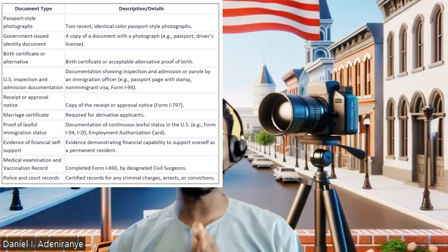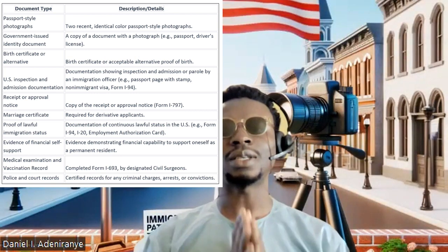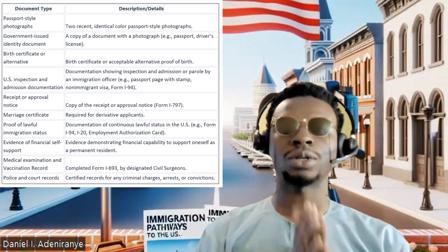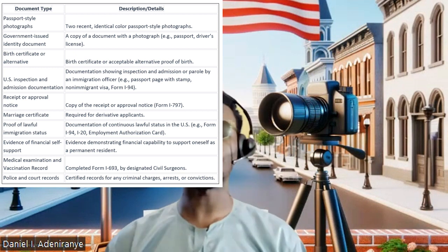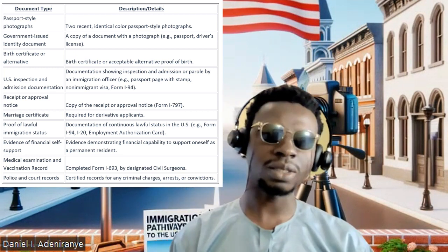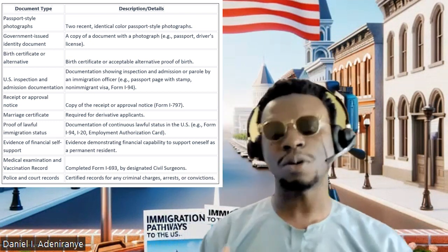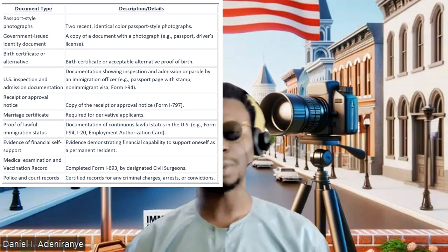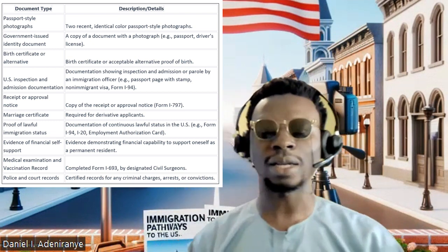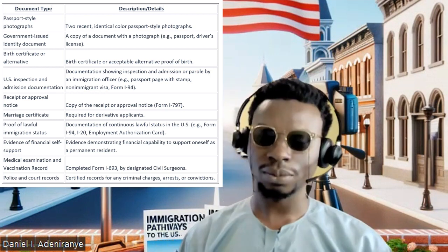That only shows proof of receipt. If your case is now approved, USCIS will send you another receipt notice or approval notice, in this case, Form I-797. A copy of this form of approval must be added to your supporting documents during your adjustment of status.